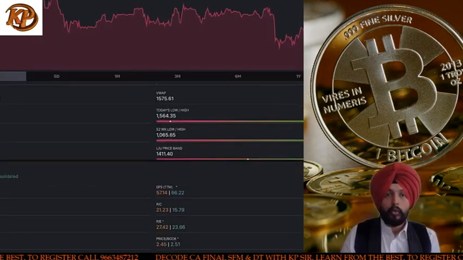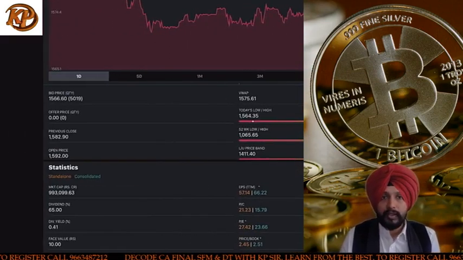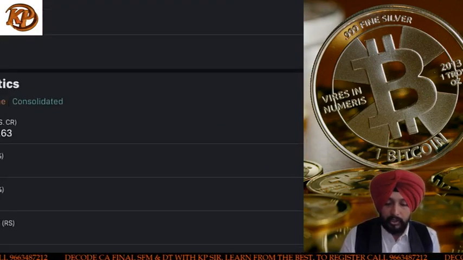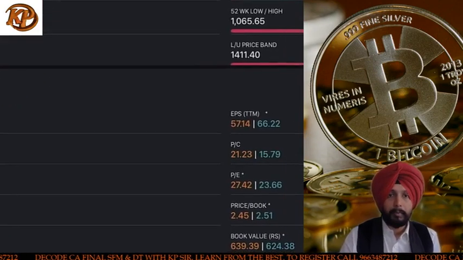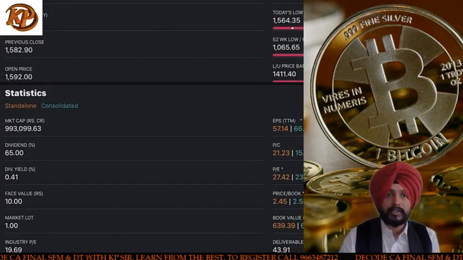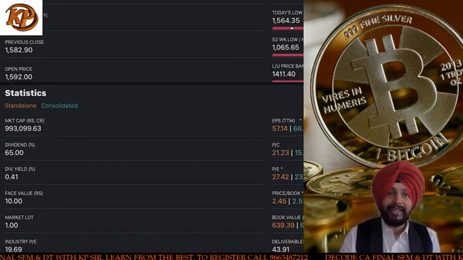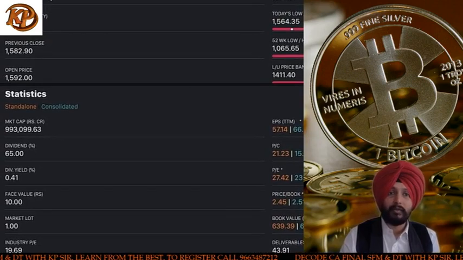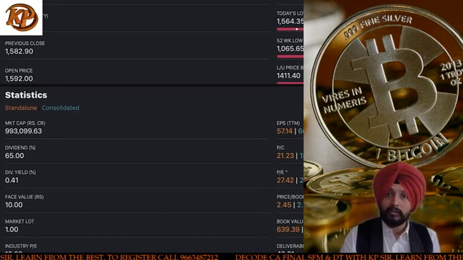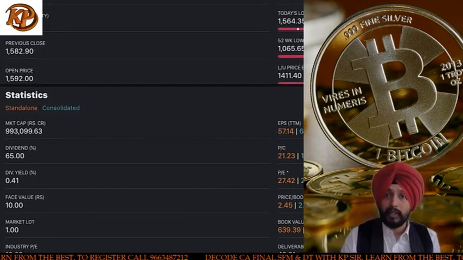If you go down and look at the information, you find the market capitalization of the stock. You see the figure for market capitalization under standalone statistics: 9,93,100 crores is the market capitalization of Reliance.